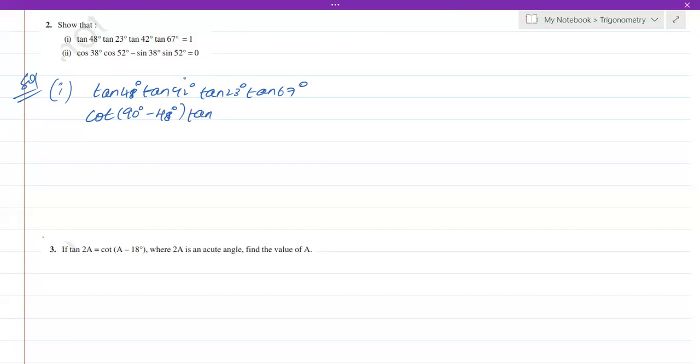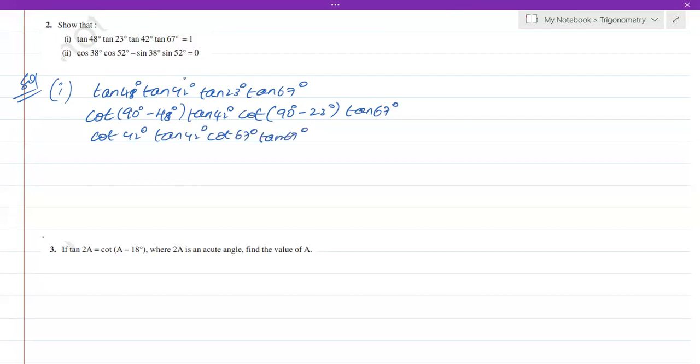Tan 42 as it is. No changes. Tan 23, let's change it. It becomes cot of 90 minus 23. Tan 67 as it is. So in each pair, we have kept one thing as it is and changed the other thing. 90 minus 48 becomes 42. Cot 42, tan 42. Cot 67, tan 67.